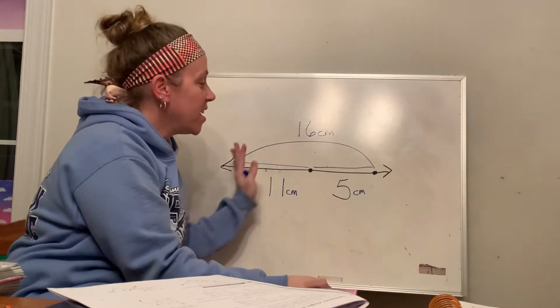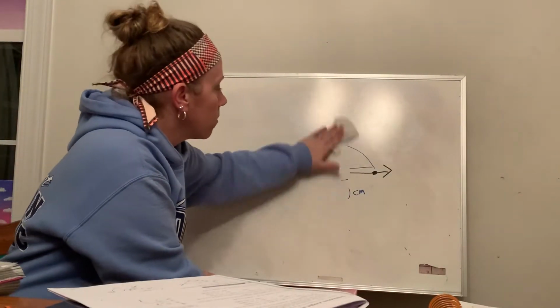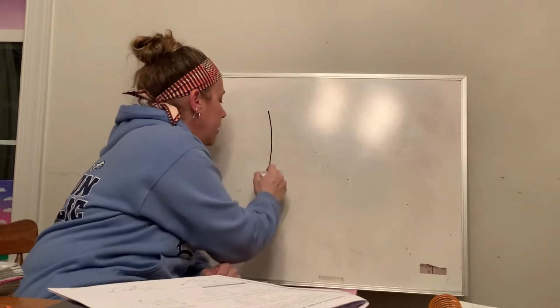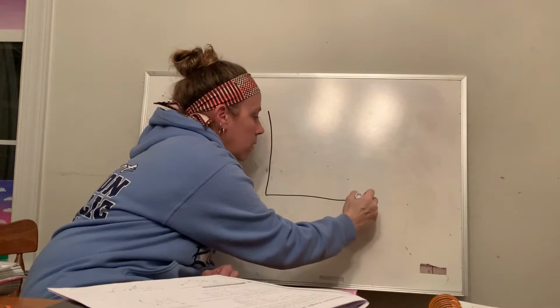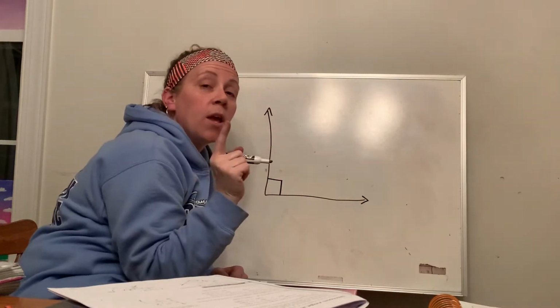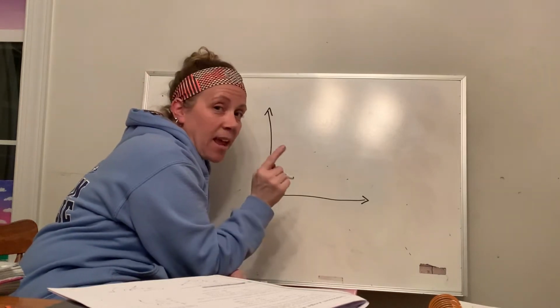We're going to take this idea to angles. So, if I draw myself a 90-degree angle, remember, in geometry, if it doesn't have that little square, it is not 90 degrees.